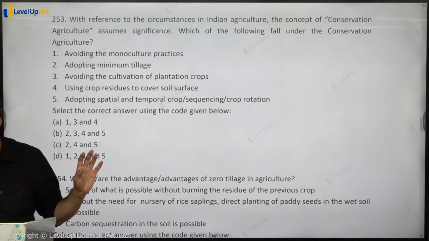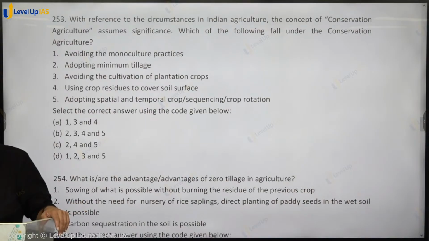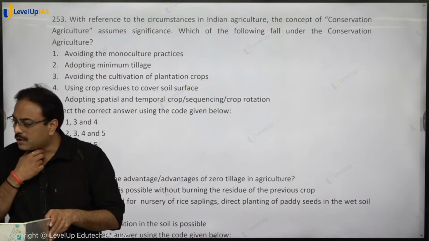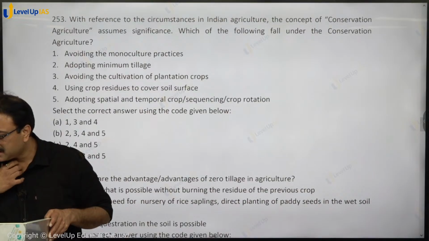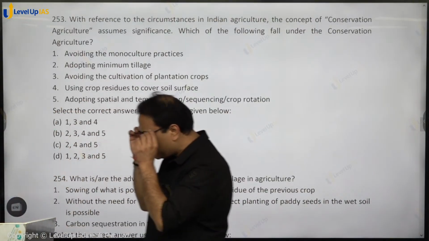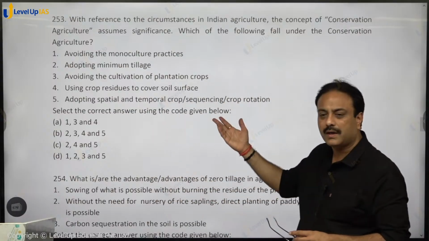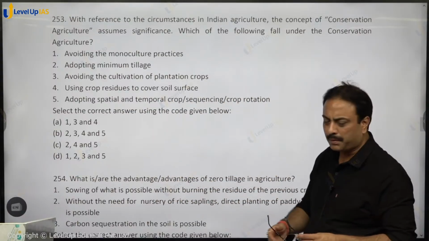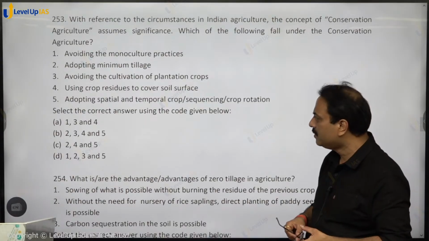In question number 253, you are asking that the first option is right, yes, but the answer doesn't show the choice. How to handle this question in the exam? In the exam, if this is not available, then what is the next possible or the best option available?